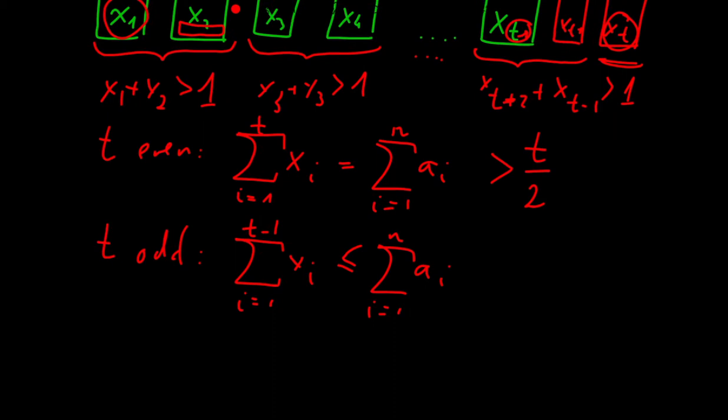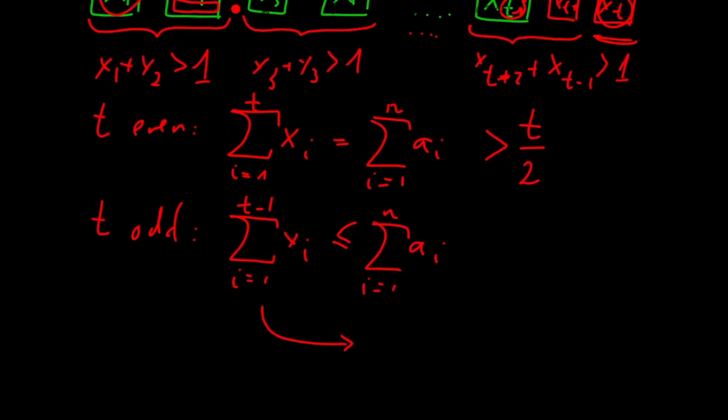But this thing is at least t minus 1 half. And of course I also know that the sum of the objects was the only lower bound for the optimum, so this is at most the optimal value.